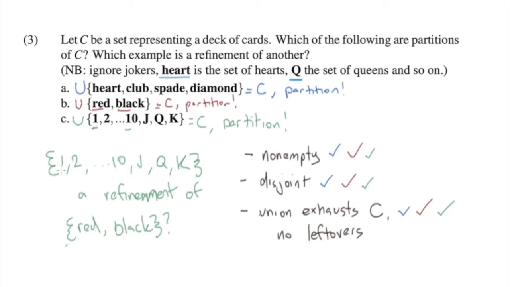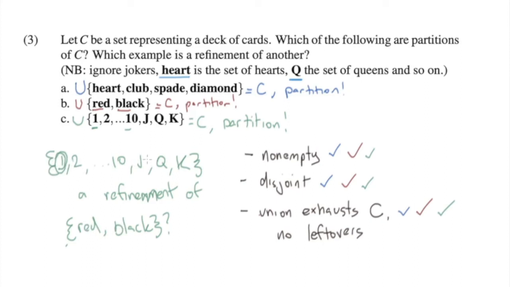So if we take, for example, the set of aces, it has to be a subset of red or a subset of black. We know that is not true, right? Because if we have a set of aces, we have 2 red ones and 2 black ones. So the set of aces is not a subset of red or a subset of black.